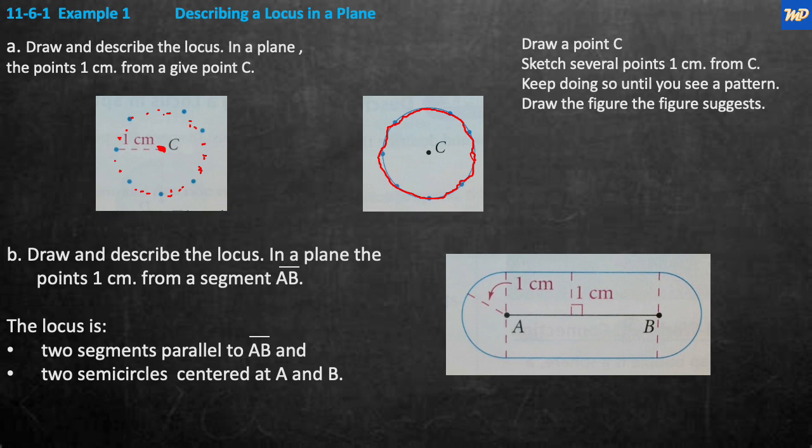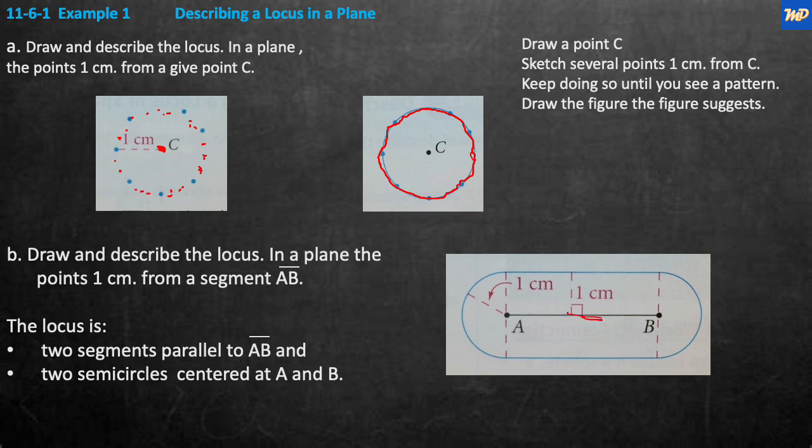For section B of this slide, it says draw and describe the locus in a plane, the points 1 centimeter from a segment AB. So now we're talking about a line segment. The locus is two segments parallel to AB, and two semicircles centered at A and B. If you start doing your lines, everything's 1 centimeter from this segment AB.